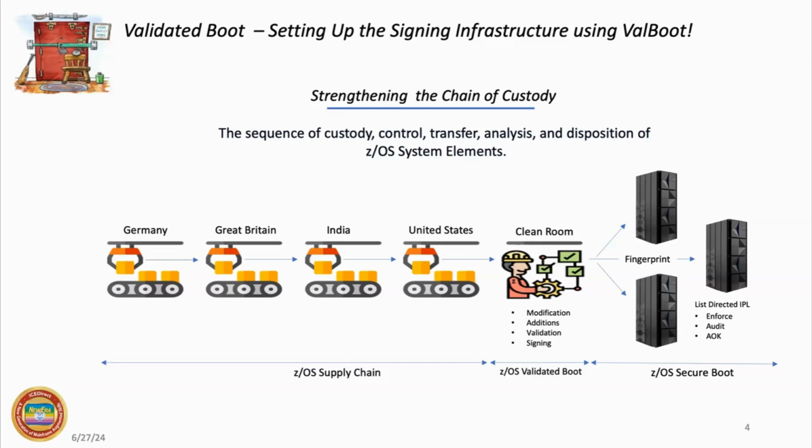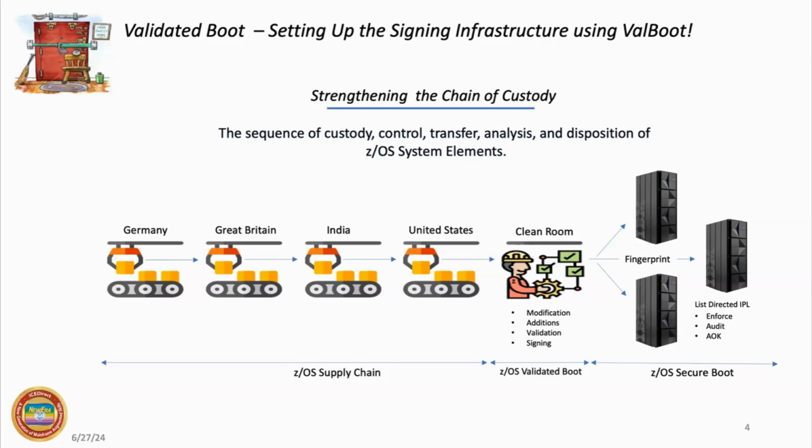And that fingerprint will be controlled by an infrastructure that contains certificates and key rings and permits and et cetera, et cetera. Once that process is complete and your deliveries are attempted to be IPL'd, again, remember the new form of IPL called a list-directed IPL, that fingerprint will be validated against each of the components.